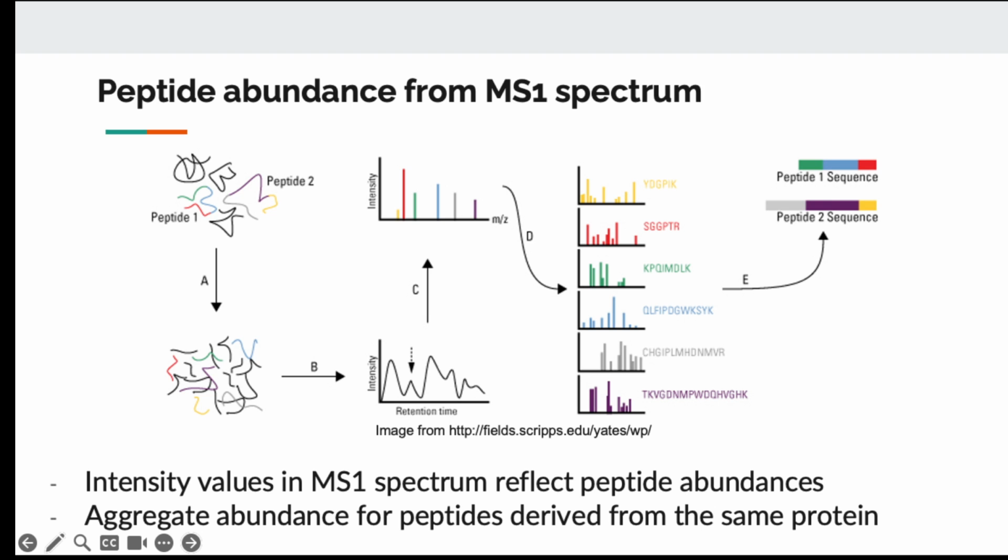For peptides and proteins, it's the same principle. We cut protein into peptides, we measure the abundance of the peptide. So when we map the peptide sequence back to the protein, we just add up all the intensity, all the number of ions, the number of molecules for the peptide.